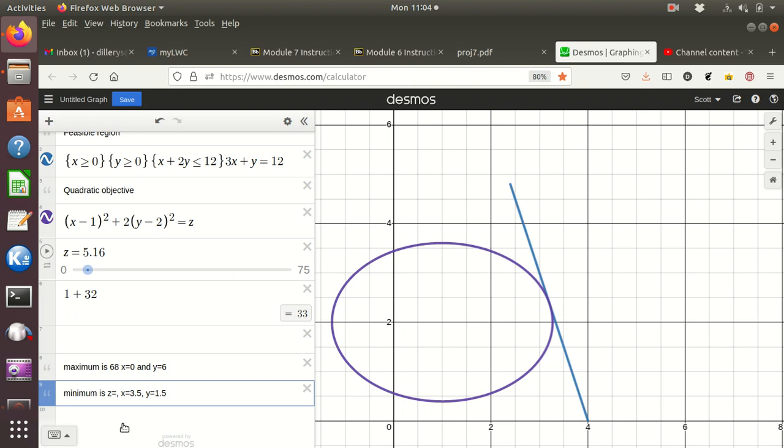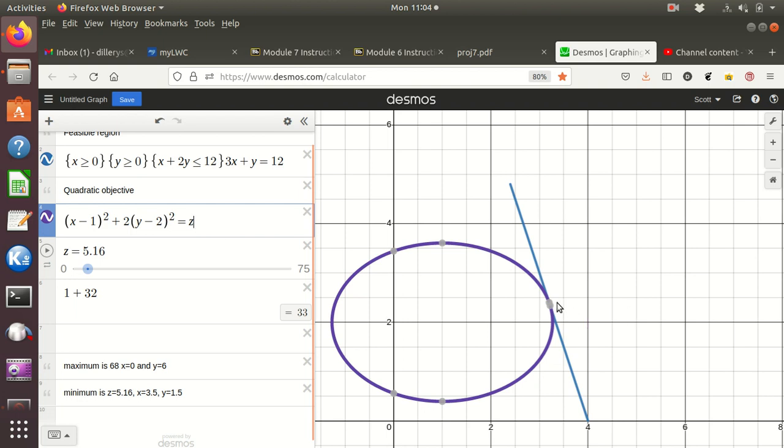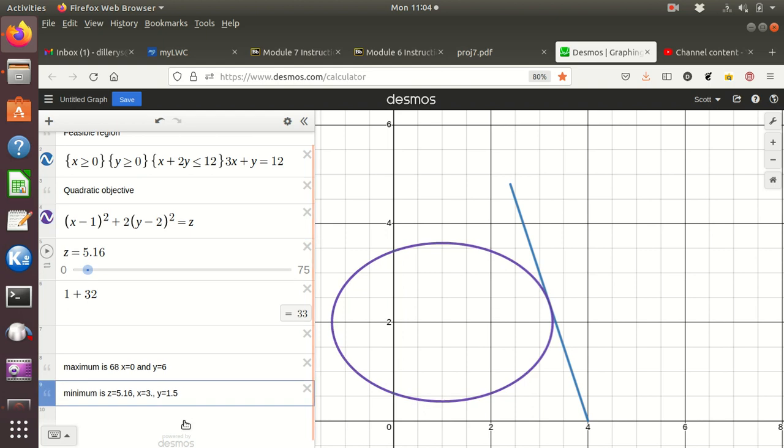So the minimum was 5.16. And what were those values again? Around 3.2 and 2.4. So 3.2 and 2.4. Okay, so there I got my minimum.